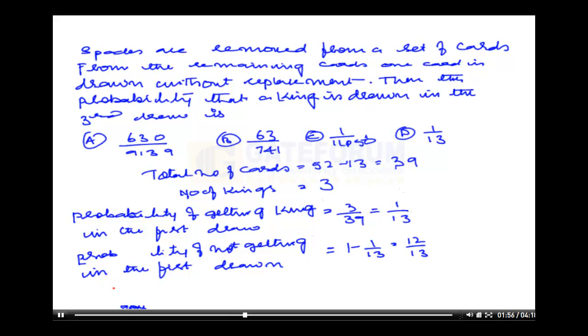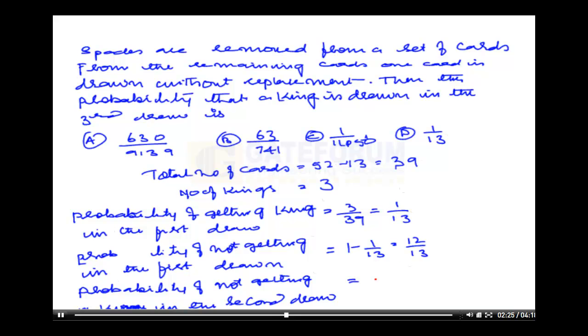Similarly, because here we are drawing the kings without replacement, the probability of not getting a king in the second draw should be 1 minus 3 by 38.